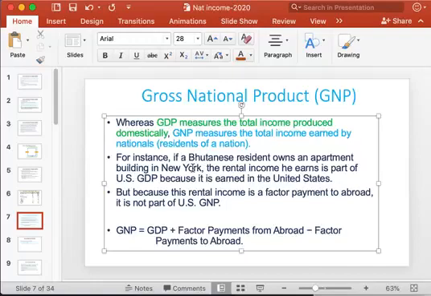For instance, if a Bhutanese resides in New York and owns an apartment building in New York, the rental income he earns is a part of US GDP, not the GDP of Bhutan, because it is earned in the United States, not earned in Bhutan.